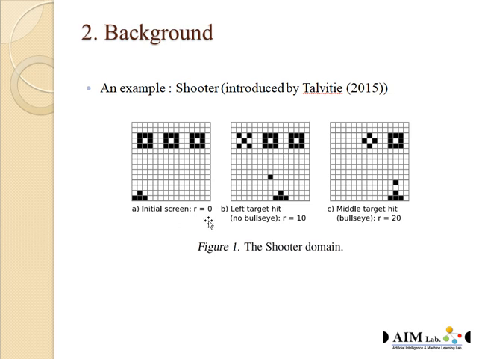A is the initial screen and B is when the shooter fires. It consists of the shooter, the spaceship, the bullets, and the targets. There are three targets, and many bullets can be shot by the spaceship, but when one bullet is shot, it gets a -1 reward.